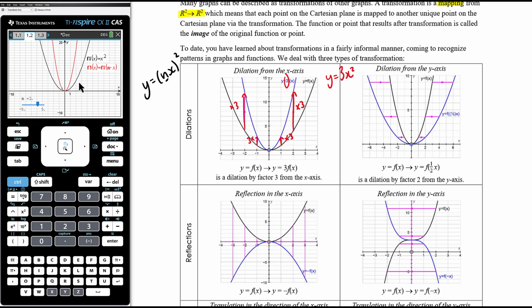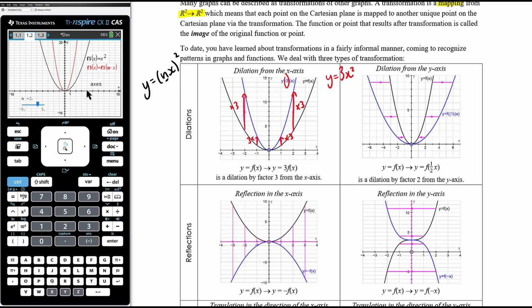The original graph goes through 2, 4, the dilated graph goes through 1, 4. The original graph goes through 3, 9, the dilated graph goes through 1 1/2, 9. The original graph goes through 4, 16, the dilated graph goes through 2, 16. So all of the x values have been halved.